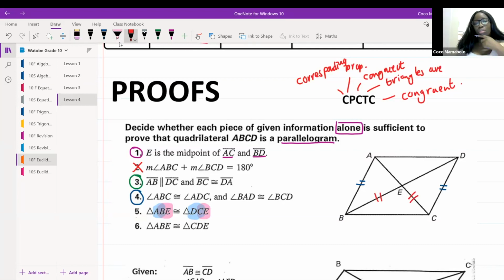Ooh, wait. We might be running into a little bit of a problem here. But let's see if this will actually help. And then it says AE is equal to DE. Those two will be equal to each other.